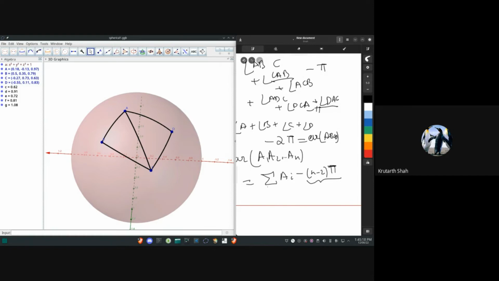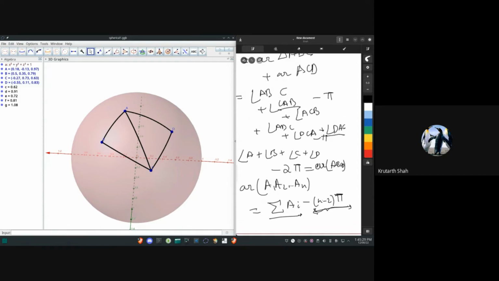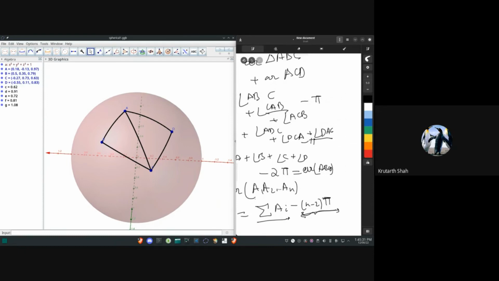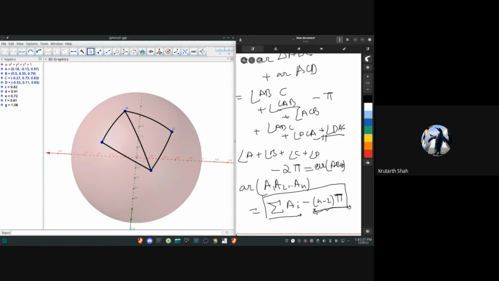So this is the actual angle sum minus the expected angle sum in Euclidean geometry, which is kind of interesting. Anyway, now we know. Is the idea clear how we got this? You can induct from the same idea. You just split it into triangles and add up all the areas of the triangles, and you get the area of the polygon.